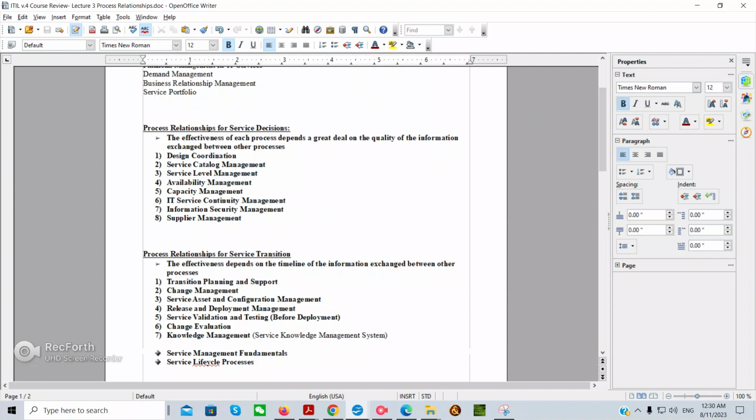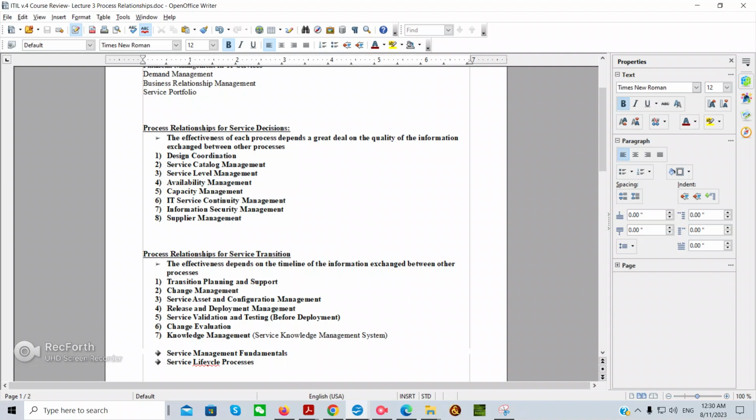Number 2 is change management. Number 3 is service asset and configuration management. Number 4 is release and deployment management. Number 5 is service validation and testing, that is before deployment. Number 6 is change evaluation. Number 7 is knowledge management.